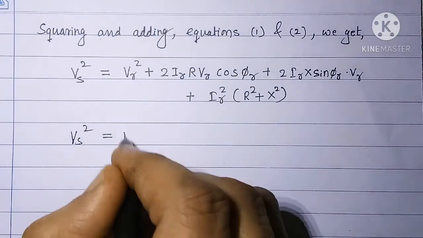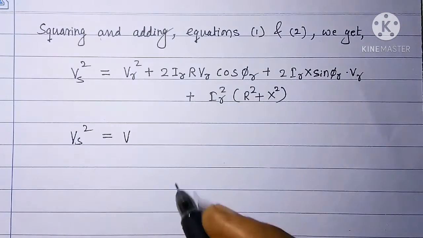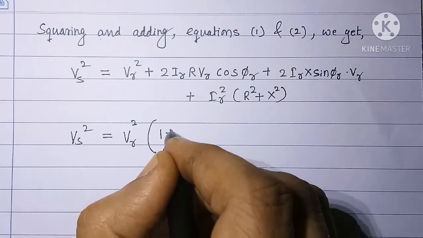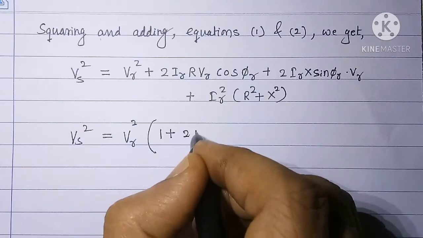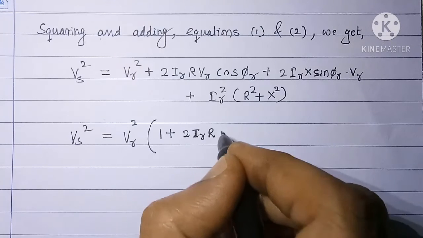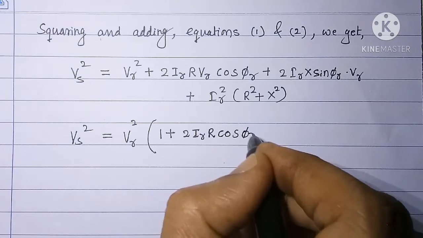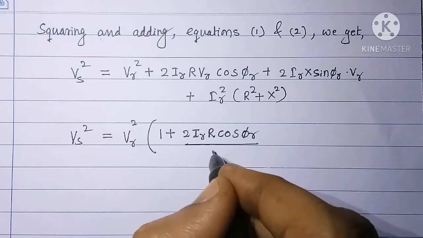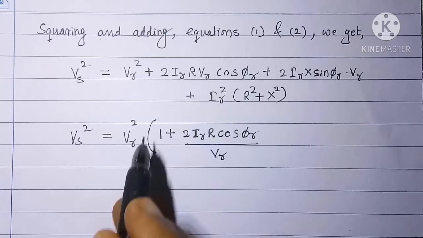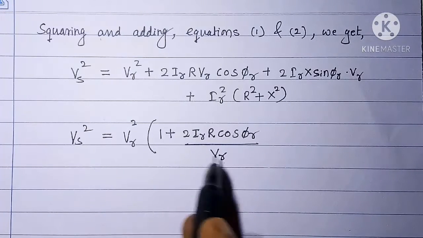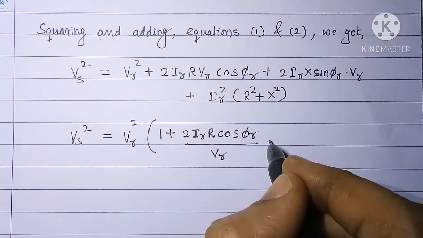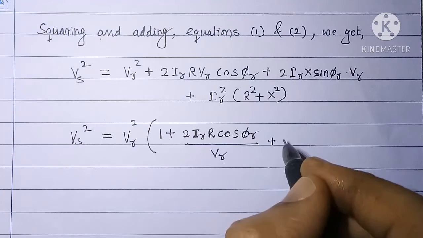Vs square will be equal to, taking common outside VR square, inside the bracket 1 plus 2 IR into R into cos phi r upon VR. Since here we are having VR and we are taking out VR square common outside, we have to divide the second term by VR. Similarly, the third term also.